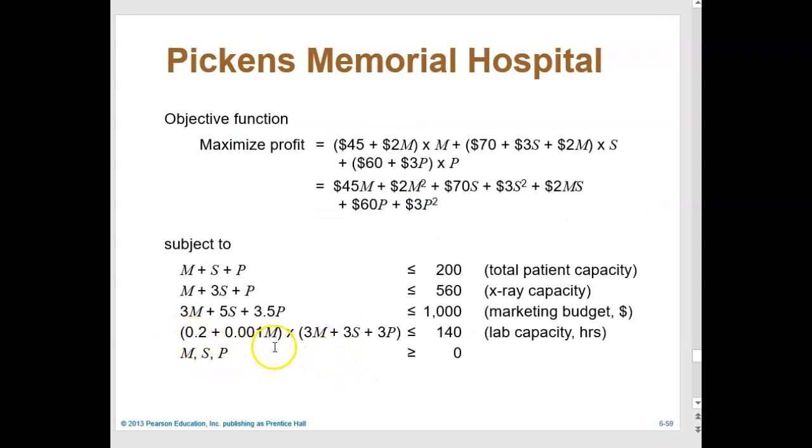So the time it takes for one lab test to be completed multiplied by how many lab tests we have to do in total per week has to be less than or equal to 140.